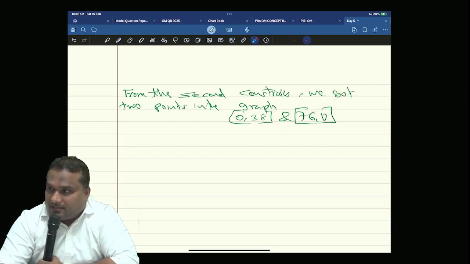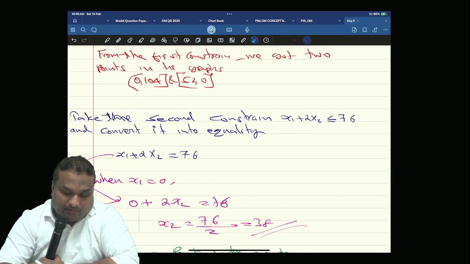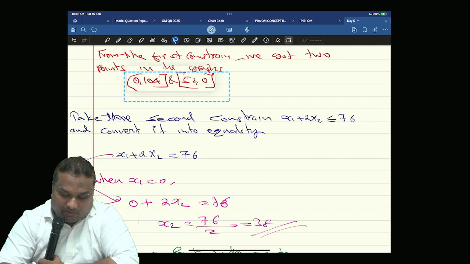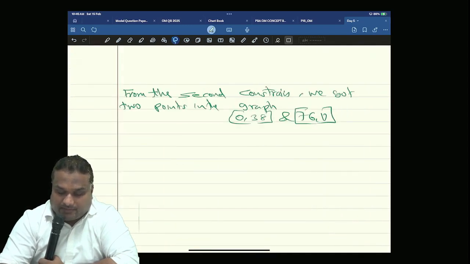Deal or no deal? Now tell me, what are the points we got in the first graph? 0, 104. This is the point we got, correct? Is this the point we got from the first graph? Yes, this is the point.